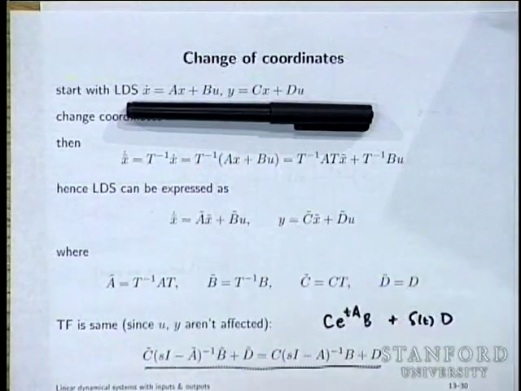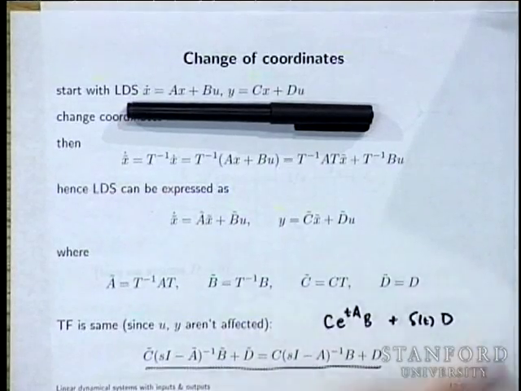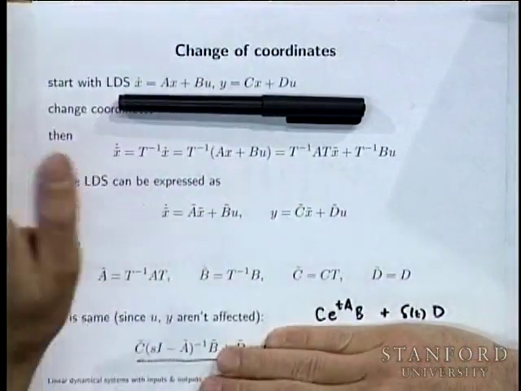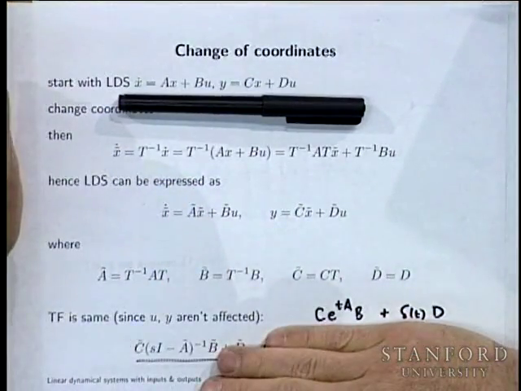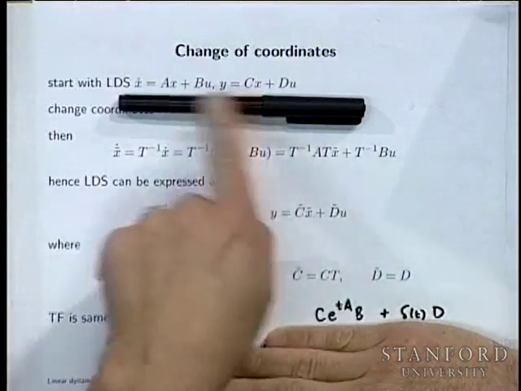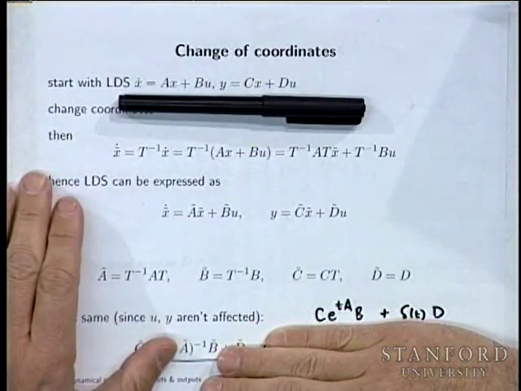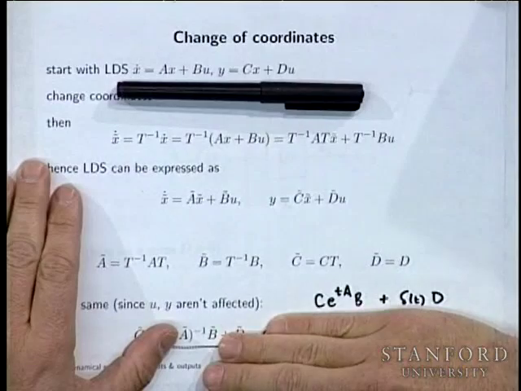This change of coordinates is your friend. It is a degree of freedom. Because basically, it's a knob. The point is, I can choose any T I like, and I will have implemented the same system. It has the same input-output properties. So I can change coordinates any way I like.